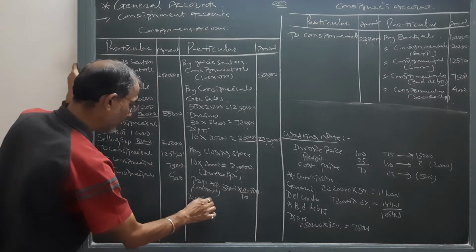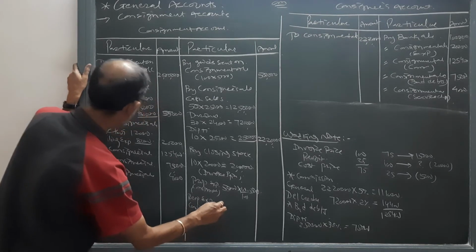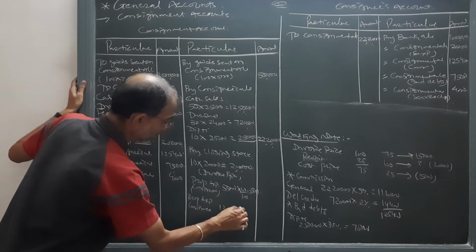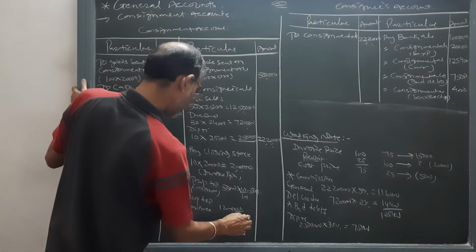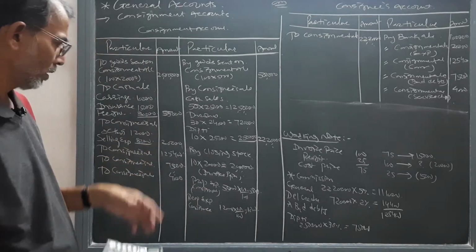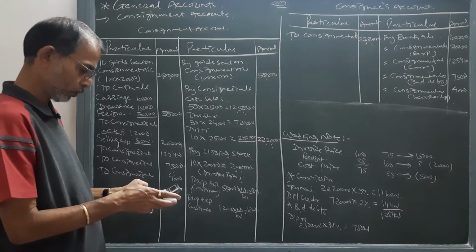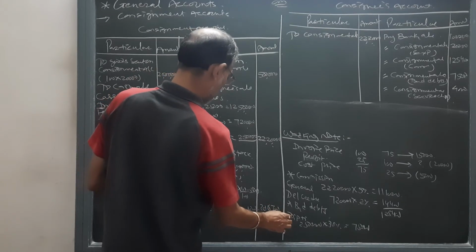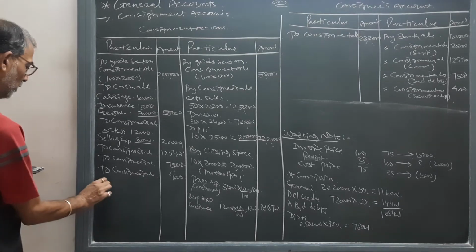Then after proportionate expense of consignee, only octroi will be taken: 12,000 into 10 divided by 100. So that will be 1,200. 2 lakh, 5,500 and 1,200. So value of closing stock will be 2,06,700.